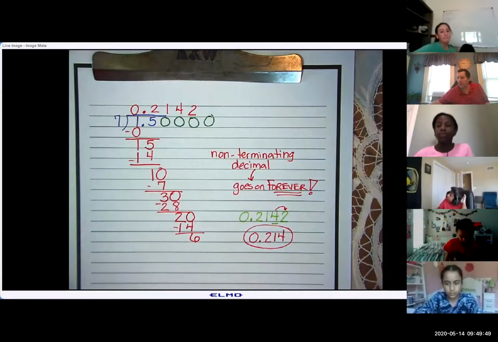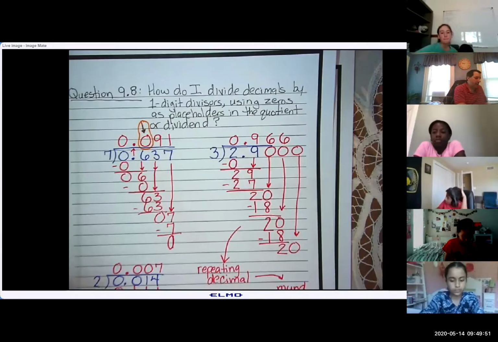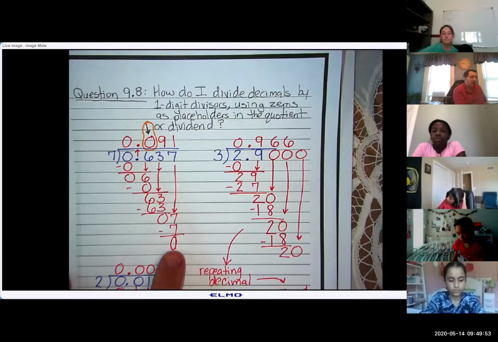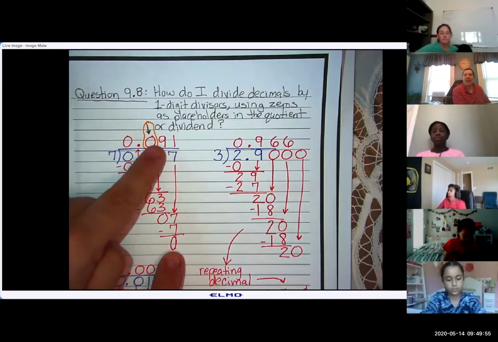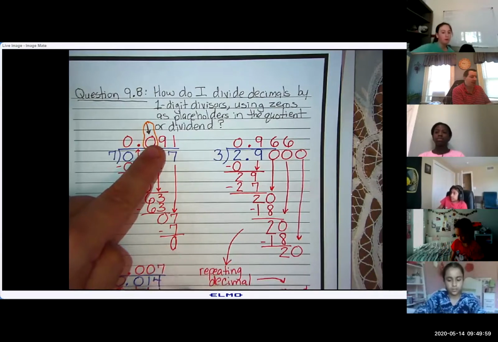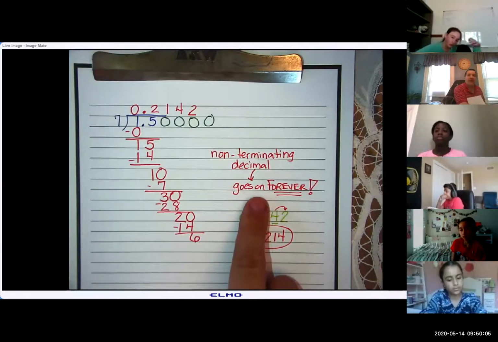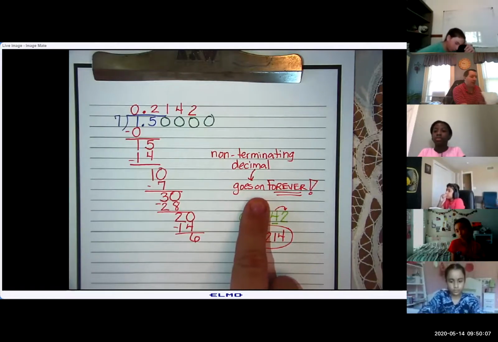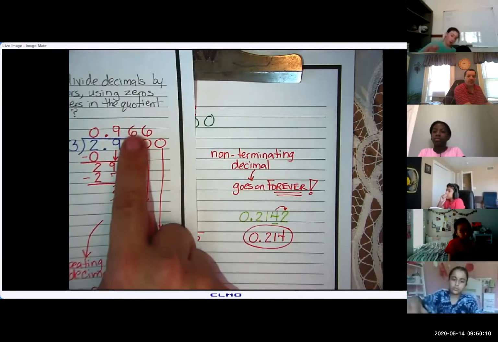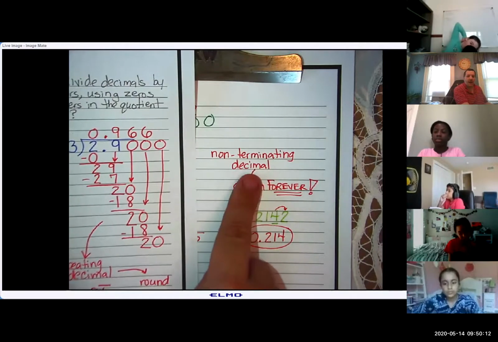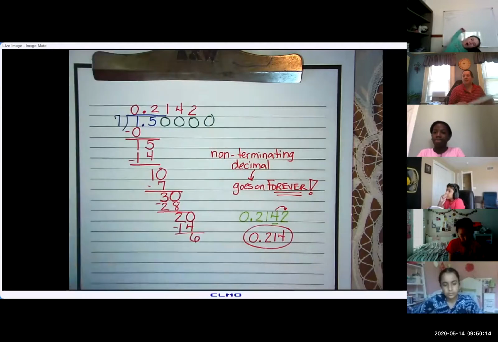In problems like we first tried, when you get a 0, that's a terminating decimal. It ends. It's all done. Sometimes they're going to be repeating decimals. Sometimes they're going to be non-terminating decimals. In the repeating and the non-terminating, you need to have 3 decimal places represented.